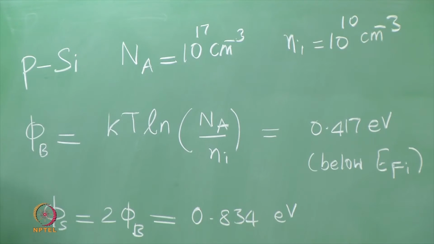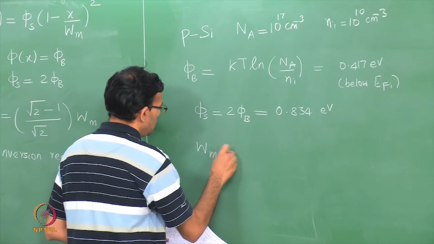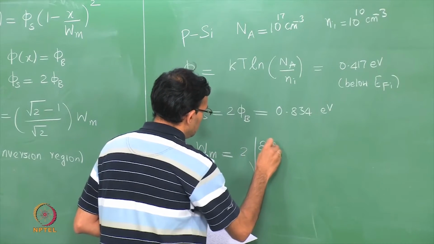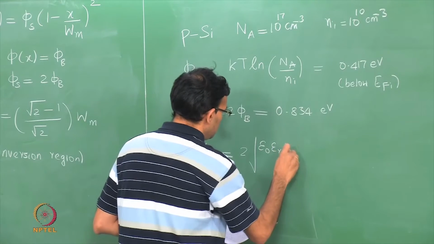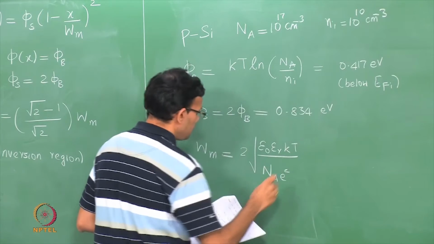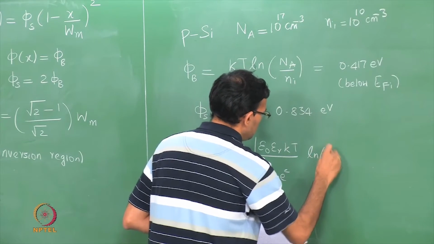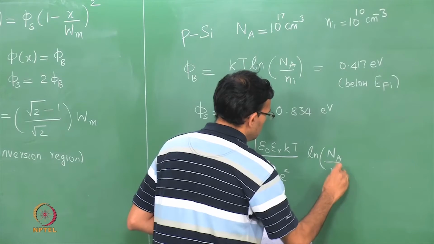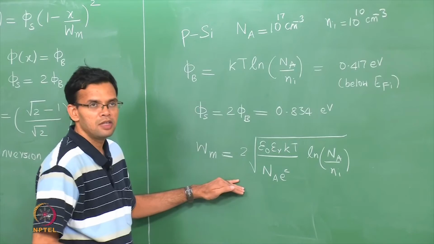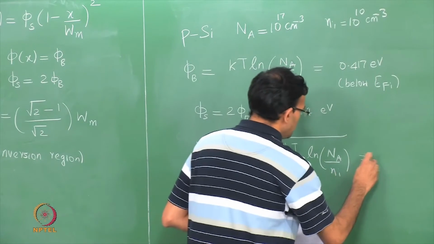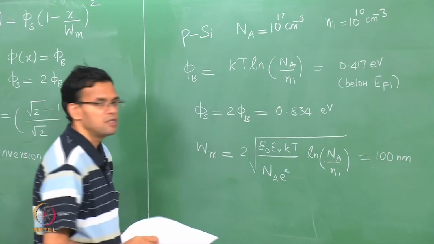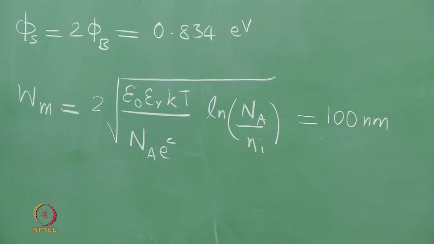We also wrote down an expression for the total width of the depletion region. So, we can substitute the values here, and that gives Wm to be 100 nanometers. So, this represents the total width of the depletion region.